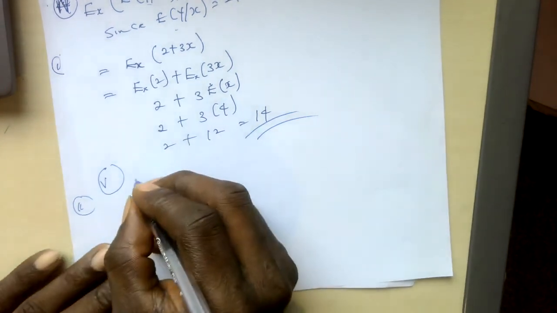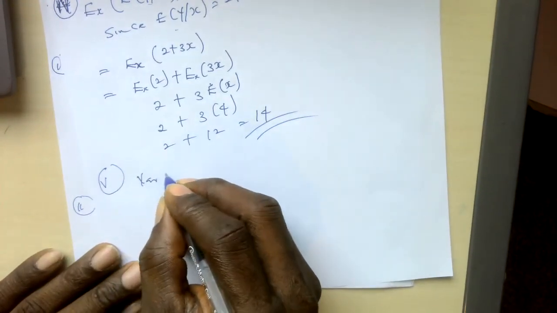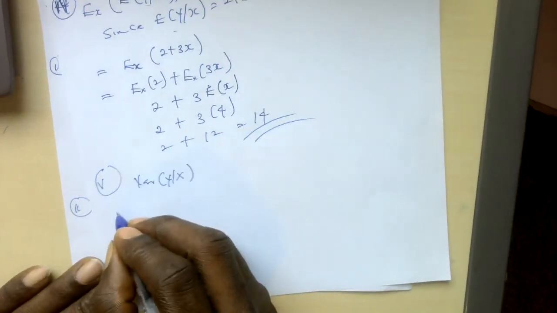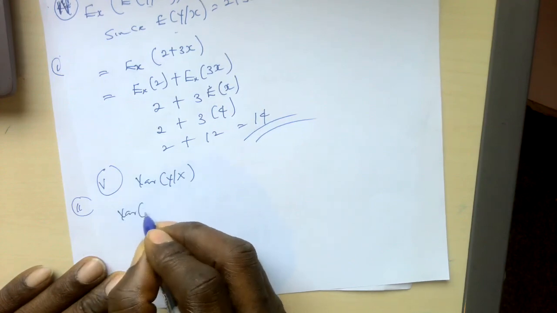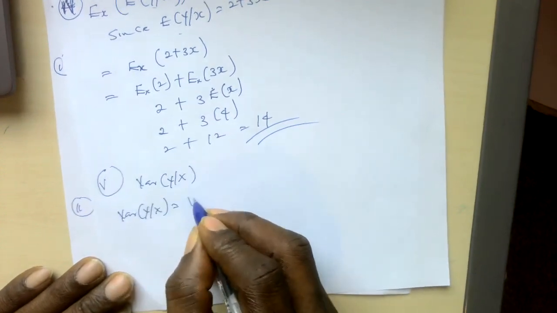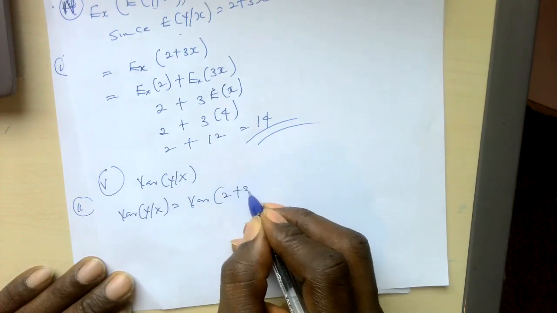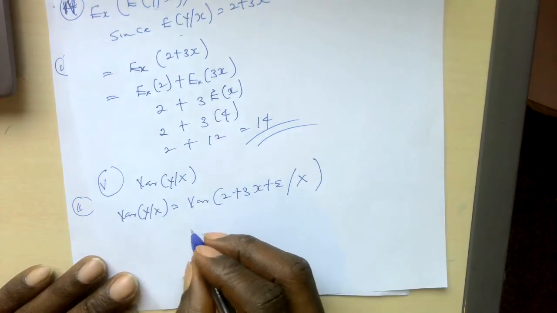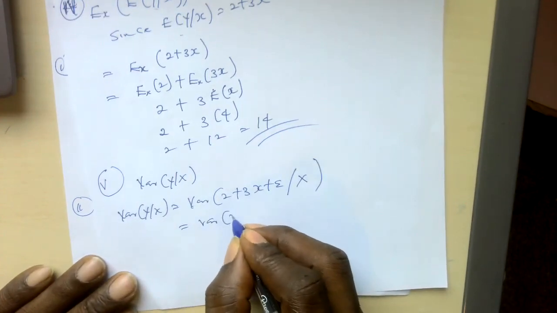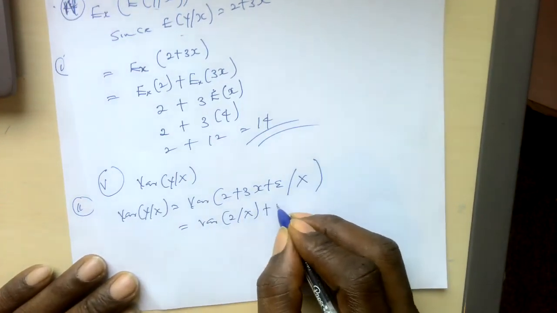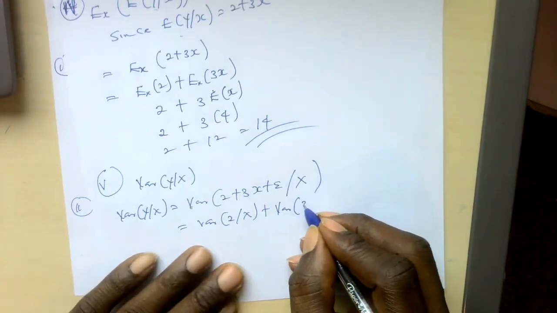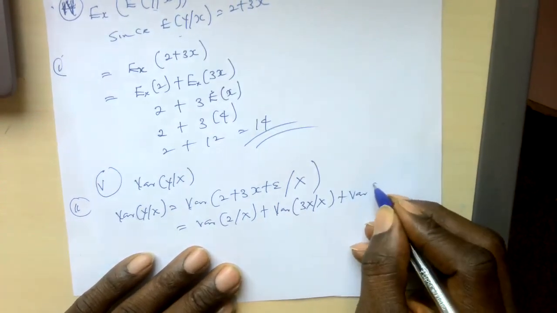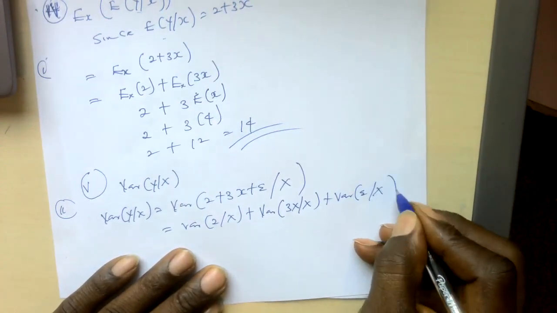For the v part, we are asked to calculate the variance of y given x. So we know what our y is. The variance of y given x is the variance of 2 plus 3x plus error given x. So the variance of 2 given x plus the variance of 3x given x plus the variance of error given x.